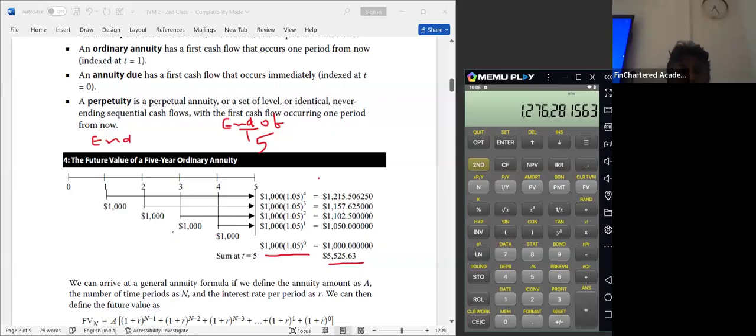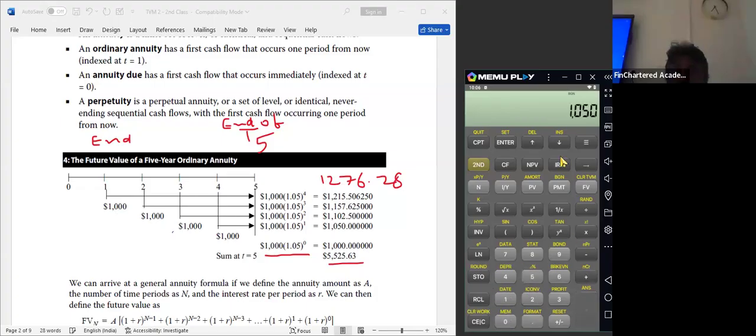Please add up everything, guys. 1276.28 plus 1215.50 plus 1157.625 plus 1102.5 plus 1050.